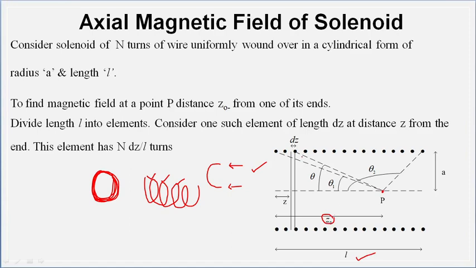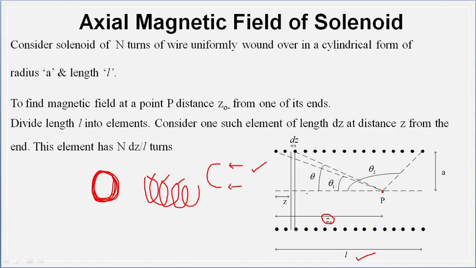Now we know the magnetic field at the axis of a coil. These are piles of the coil, and this point P is on the axis of that coil. But there are many coils here. So we know the formula for the magnetic field on the axis of the coil.